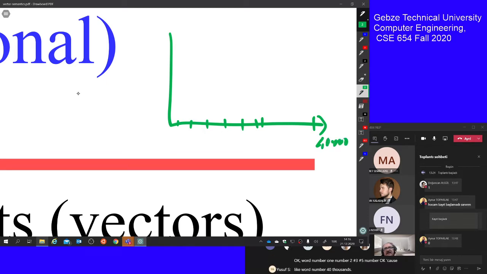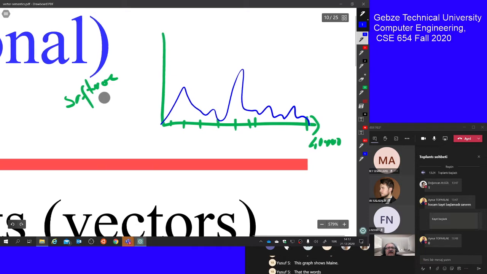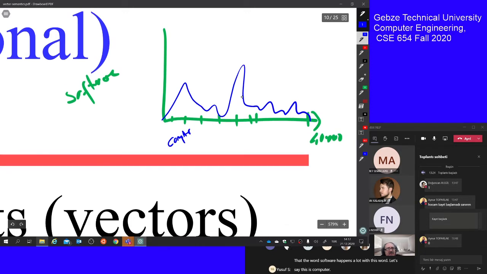Let's say I am looking for software. This graph shows me that the word software happens a lot with this word, let's say computer, and it happens a lot with this word.